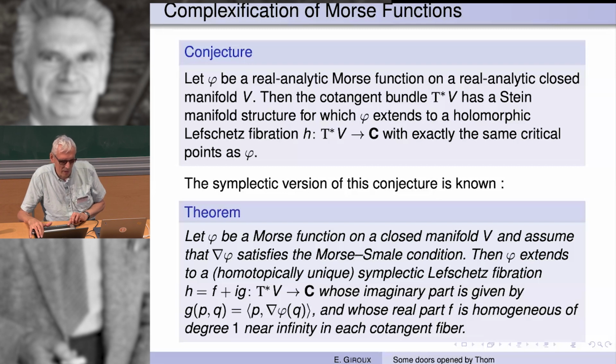I still have a number of details to check in order to claim that I can prove this, but morally, it should follow from the next theorem and Eliashberg's work on Stein manifolds.